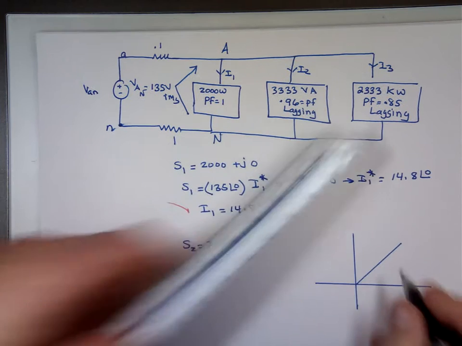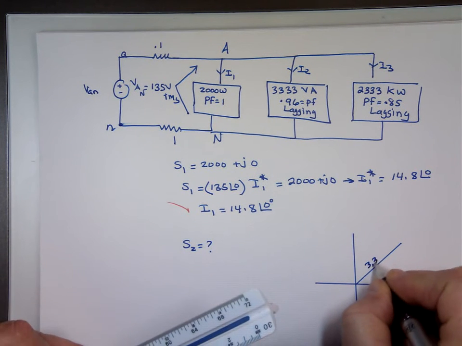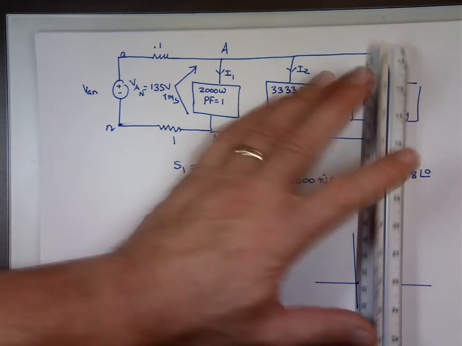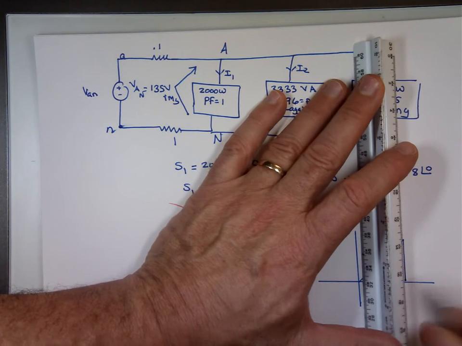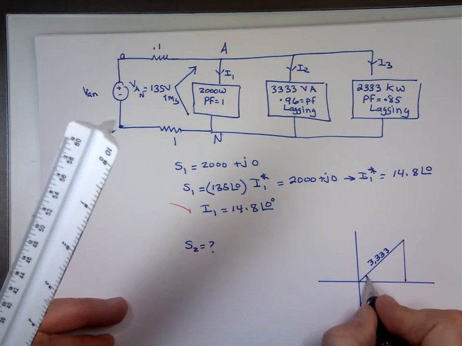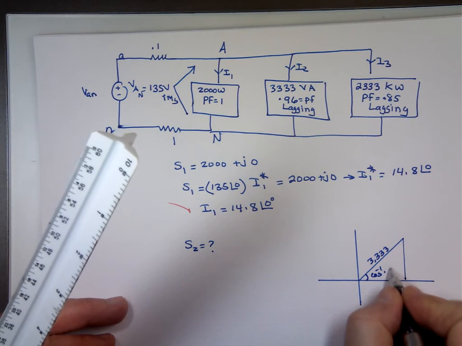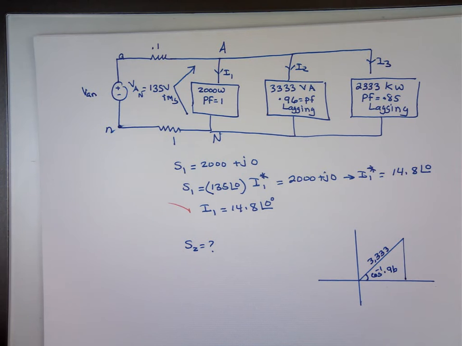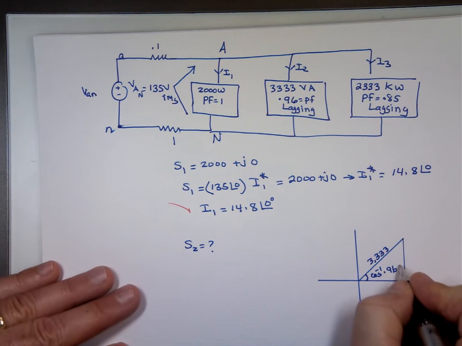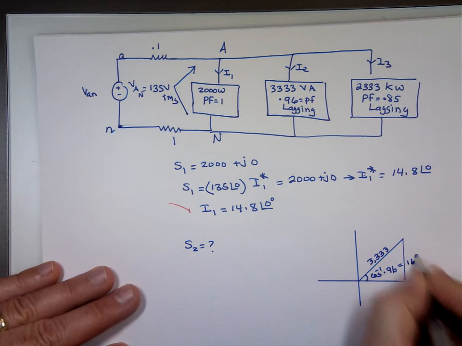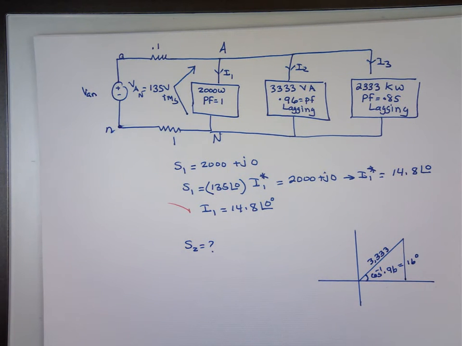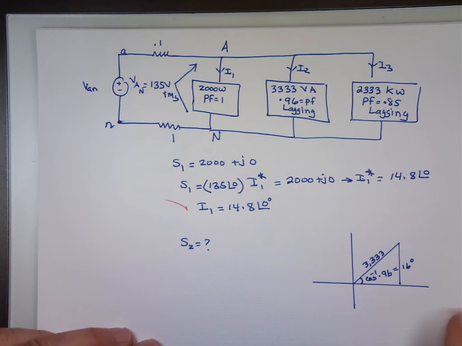So I know this value is 3,333, and I know what this angle is. What's this angle? Inverse cosine of 0.96, roughly 16.2 degrees. Can I find this side and that side? We'll call them X and Y.